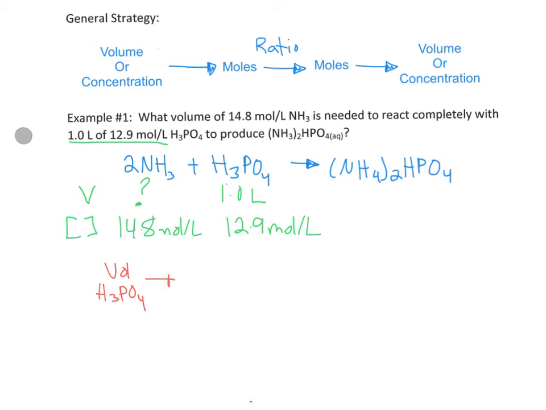You're going to calculate the moles of H3PO4 using concentration. Then you're going to use a mole ratio from the equation to get the moles of NH3. And then you have the concentration of NH3, so therefore you can calculate the volume of NH3.